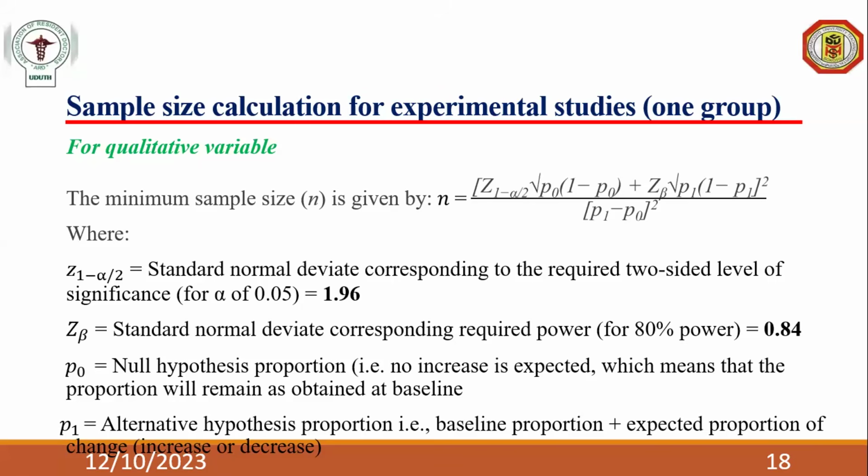So if you are dealing with such studies, this is the formula you are going to use to calculate your sample size. N is equal to Z alpha times the square root of P naught into 1 minus P naught, plus Z beta into the square root of P1 into 1 minus P1, all squared, divided by P1 minus P naught squared.